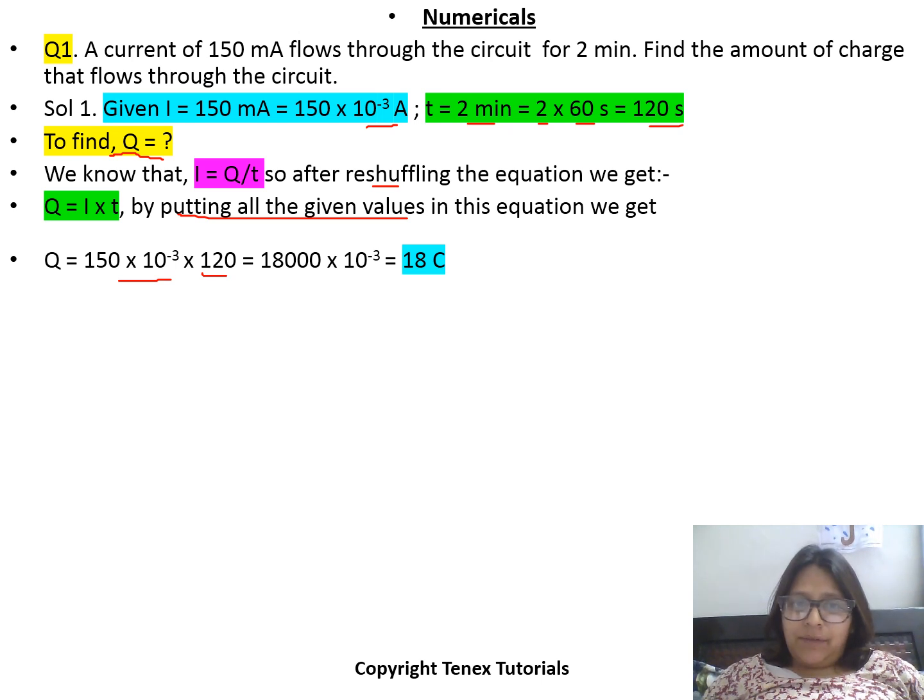When we multiply 150 by 120, we get 18,000 into 10 raised to power minus 3. Now 10 raised to power minus 3 can be cancelled with these three zeros. So finally the quantity of charge flowing through the circuit is equal to 18 coulomb.